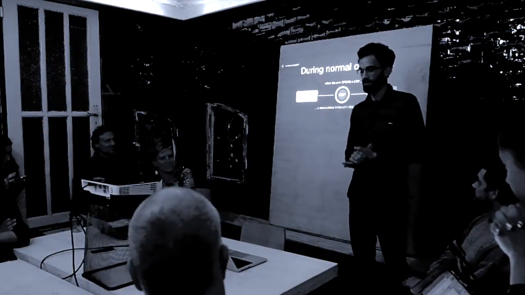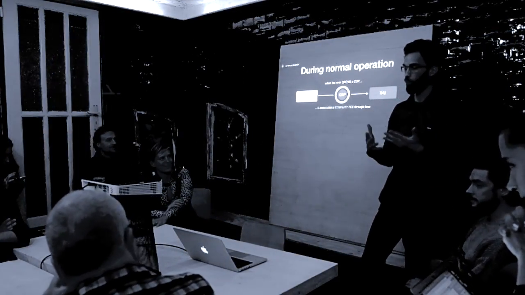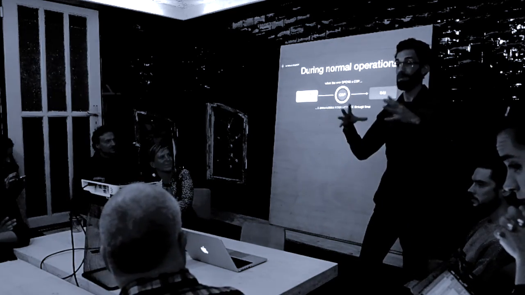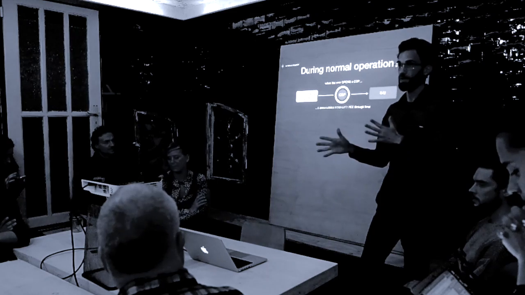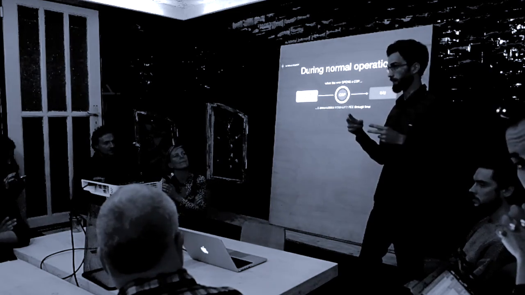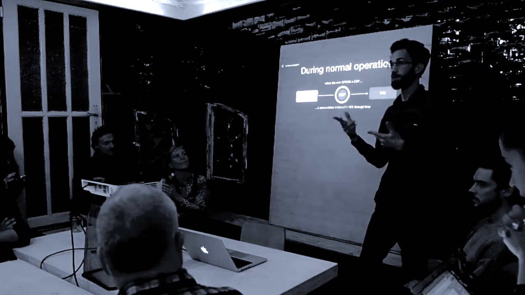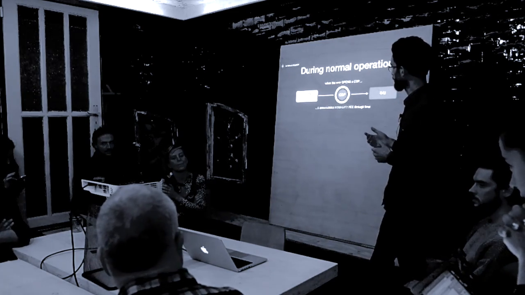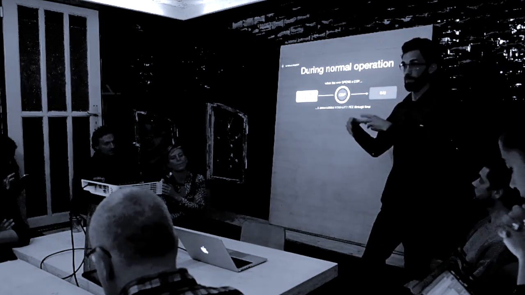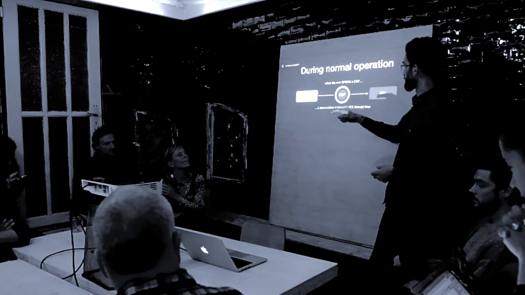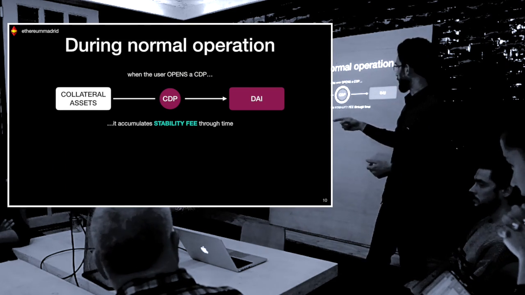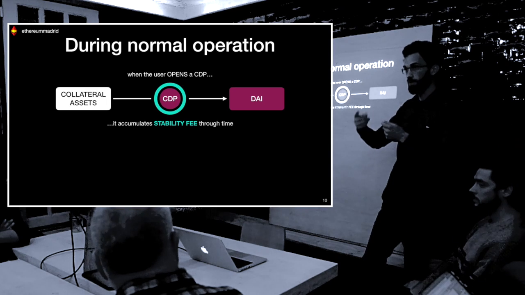Okay, and so this is fine, but what's in it for the people that are securing the system, so the MKR holders, right? So far, we've just seen two people buying or borrowing DAI, and we've seen that there are economic interests to do so. The other thing, which is to make the system interesting for MKR holders, is that when you open a position and you issue new DAI, there is a stability fee that will start increasing.